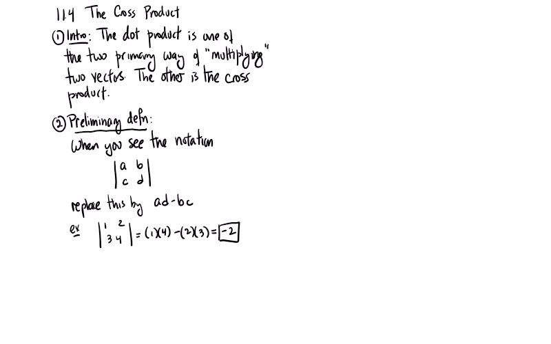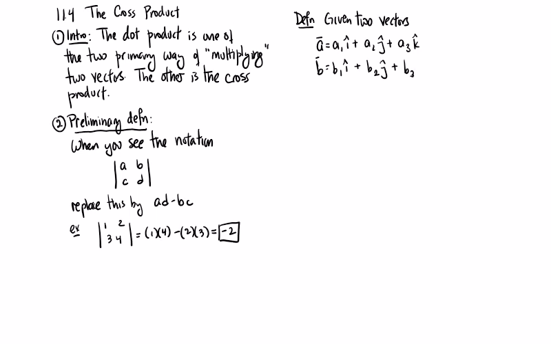But this allows us to write the cross product in a way that makes it easy to remember. So now we can define it. Given two vectors, I'm going to write these one above the other, and you'll see why in a second. Vector A will be A1 i plus A2 j plus A3 k, and B will be B1 i plus B2 j plus B3 k.